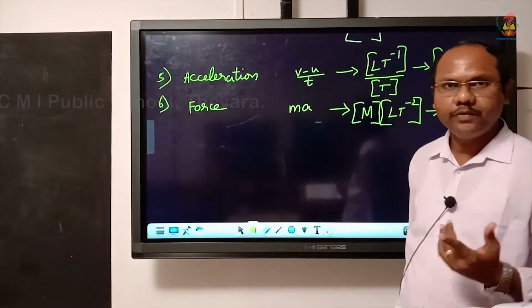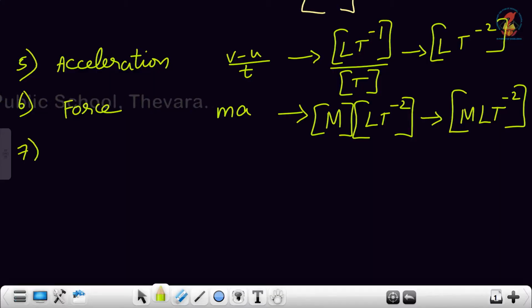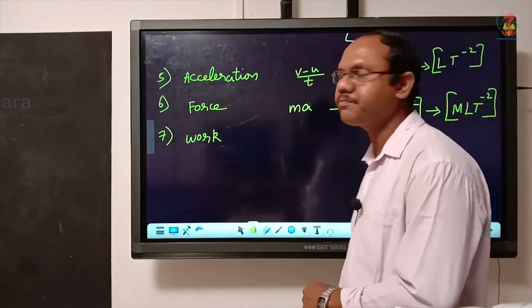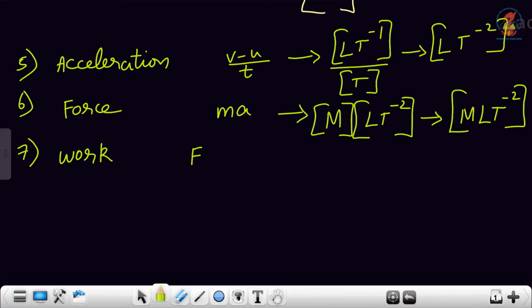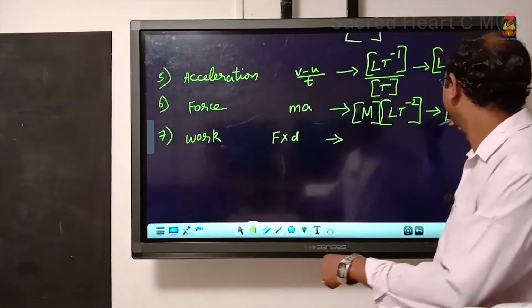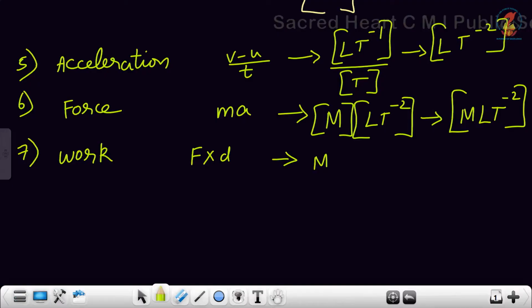Okay, now I will give you one more. Work. Work is force into displacement. So I will write force into displacement. That's the formula. Now, dimension of force we have found here: M L T minus 2.